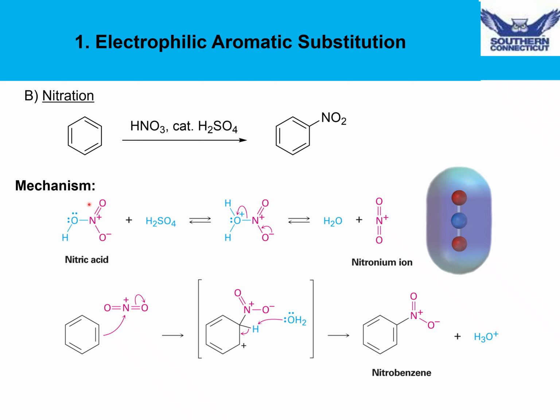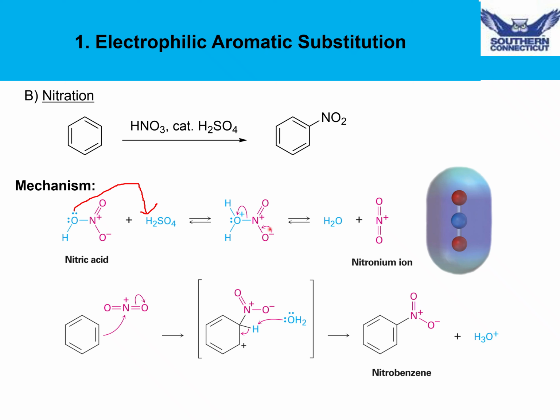So the first step is for this oxygen to react with one of the protons in sulfuric acid, and now that oxygen becomes protonated, and it allows that oxygen to be eliminated as a water molecule.